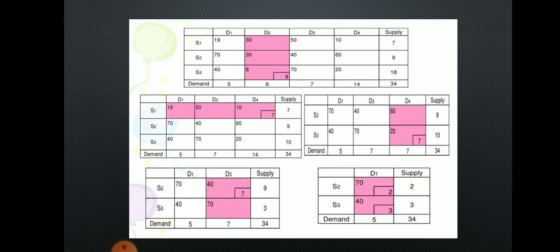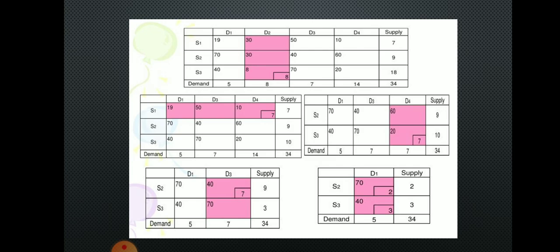And here is a small example problem. In this the least cost is 8. Here we should write the minimum value. The minimum value is 8, and if we subtract demand and supply, 18 minus 8 is equal to 10.